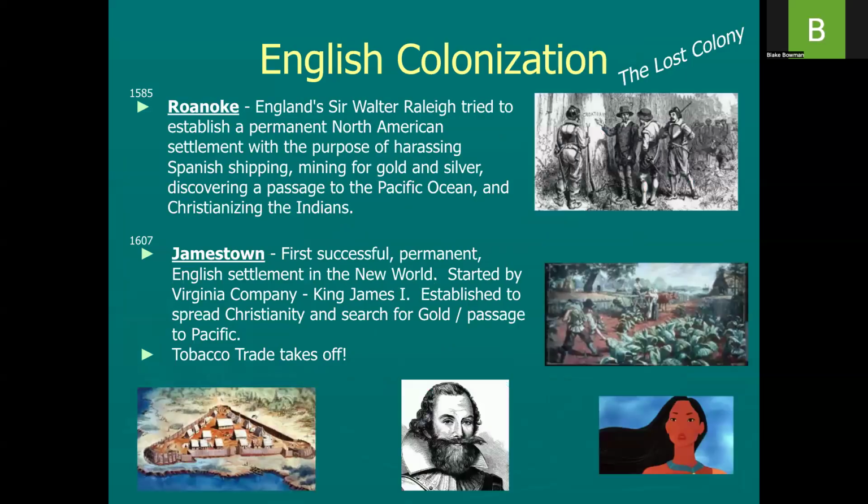All right, so English colonization. As England is taking over the northeast region of the United States and moving into parts of Canada, as they're dominating these land masses, colonies will start to be set up.